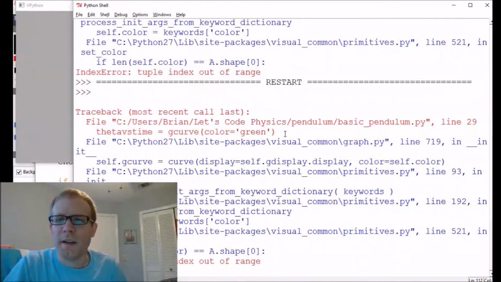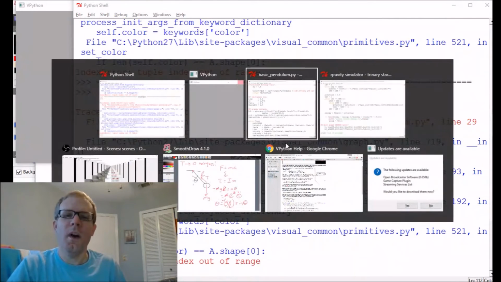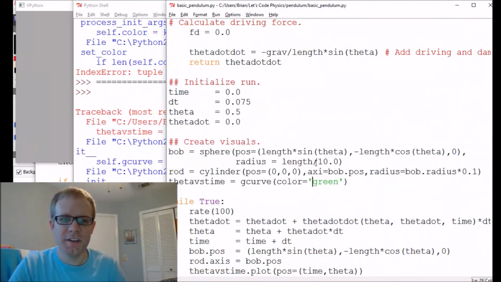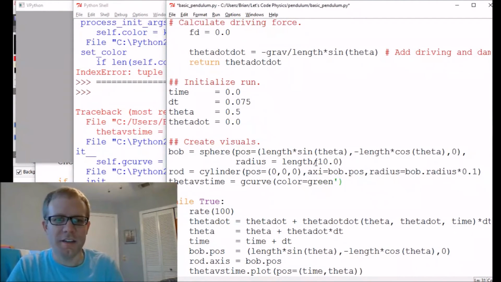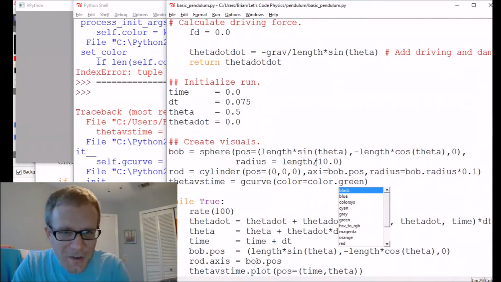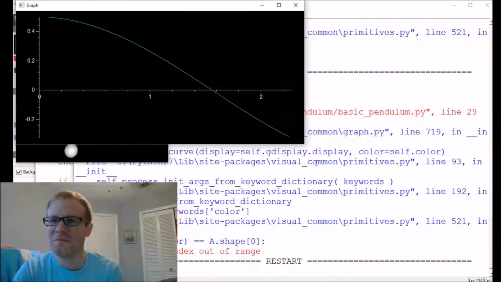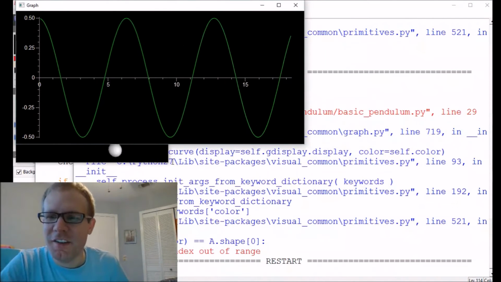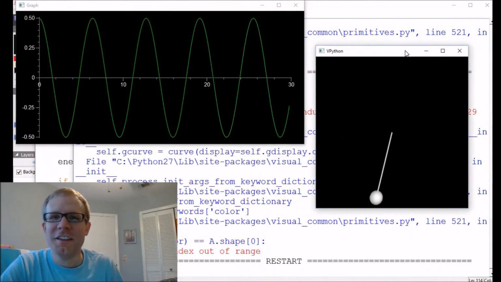Oh, the problem's in line 29. Oh, right. I forgot it's color dot green because you have to access the thing called the list color. Yeah, there's my autocomplete. Hey, how about that? There we go. Okay, so here is the animation and here is the graph.